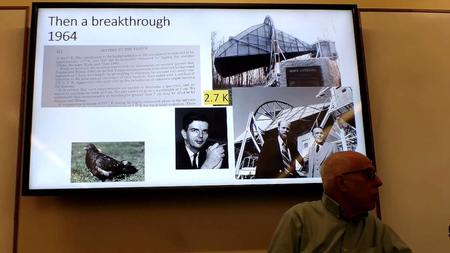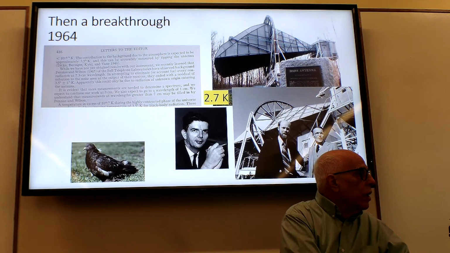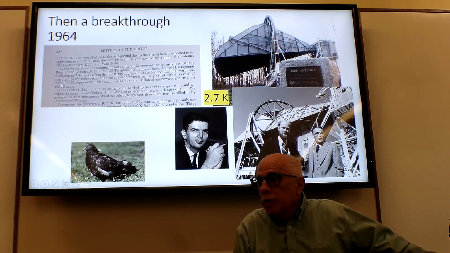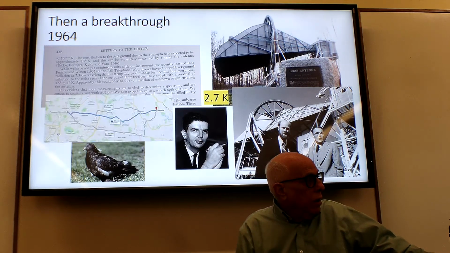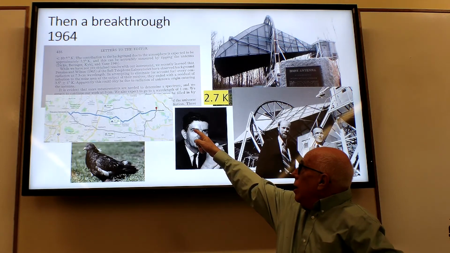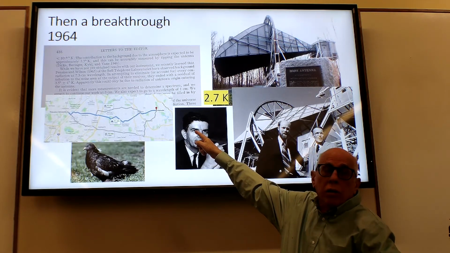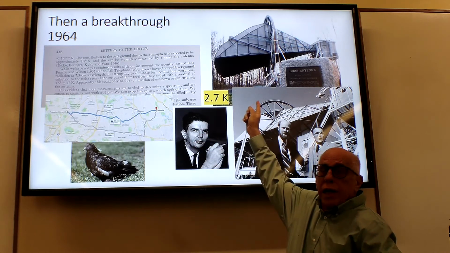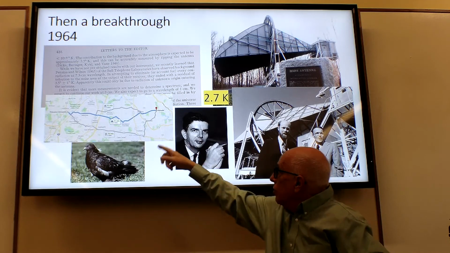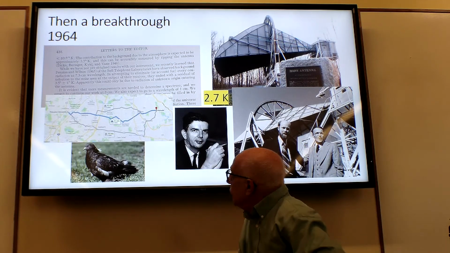And Dickey wrote this letter, it's got a little note here saying, hey, the guys, Penzias and Wilson at Bell Telephone, they're seeing a signal at 3.5 Kelvin. Where's that coming from? And here's a map. This is how science happens. On the right side is Holmdel, New Jersey. That's where the antenna was. And on the left side is Princeton University, and it's like 57 miles, 51 miles.